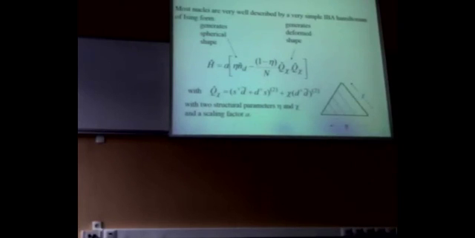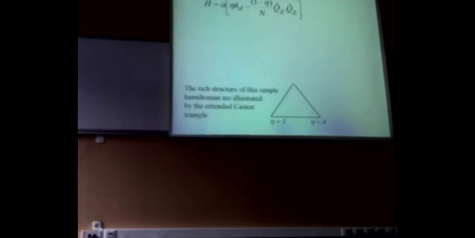Now, remember this Casten triangle? We have eta in this direction, in fact going to eta 1 is U5 here, and chi going in this direction. Now, the amazing thing is this is a very simple Hamiltonian, but it has three dynamical symmetries.